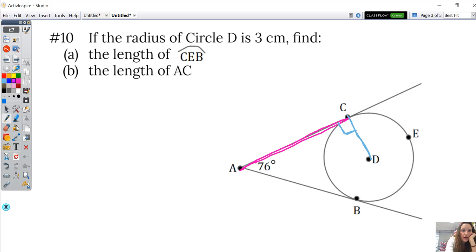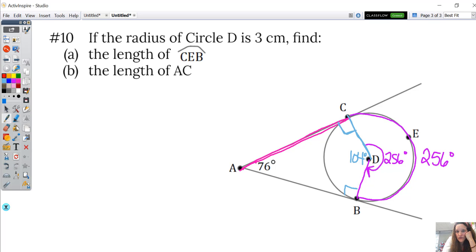So we know from part A that the measure of arc CEB was 256 degrees. So that means that this central angle is 256 degrees, which means that this angle is 360 minus 256, which is 104. We knew that as well. This is 104. This is 90.